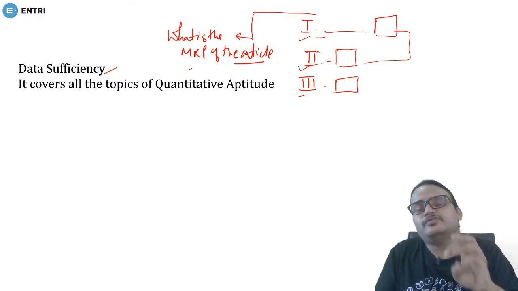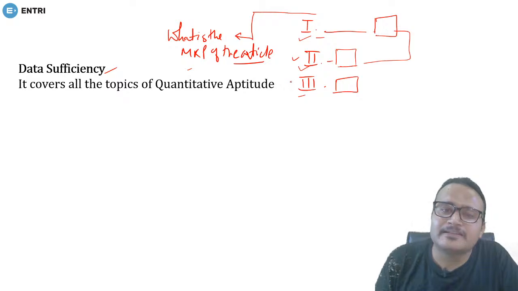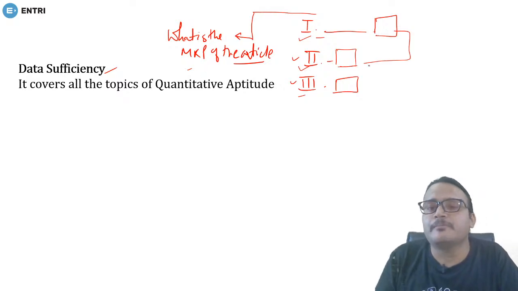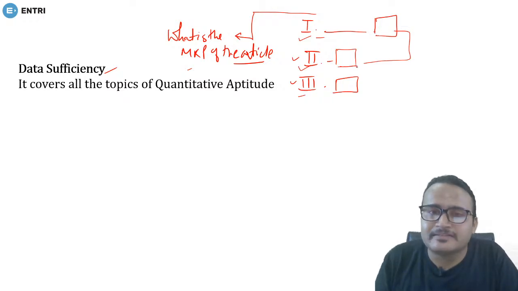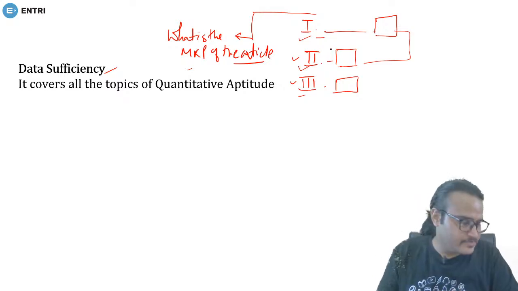So this is what data sufficiency is, guys. And if you are using the second and third statements only in finding the MRP of the article, then you can mark that second and third statements are necessary but not the first. Okay, so this is how a data sufficiency question is.